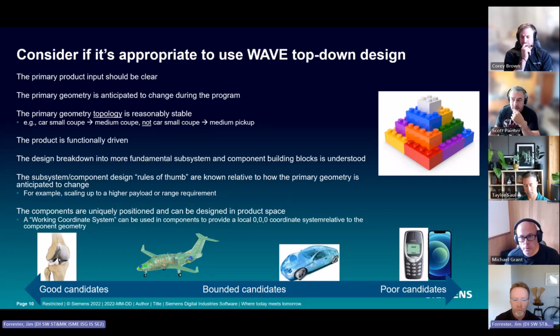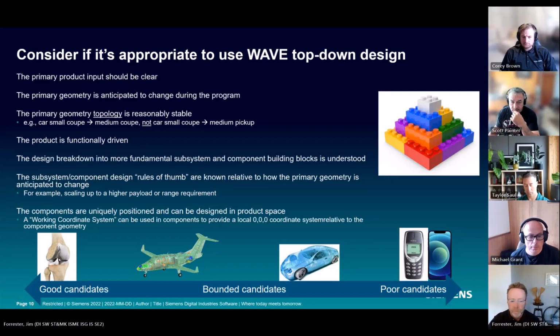If you go into this winglet here and open that part file, it is actually out there in that space. Okay, makes sense. A bolt, you wouldn't do that with. A bolt, you would do in component space at 0-0-0, and then position it wherever you want in the product. So they're not uniquely positioned, and that's different. Okay, thanks. Makes sense.